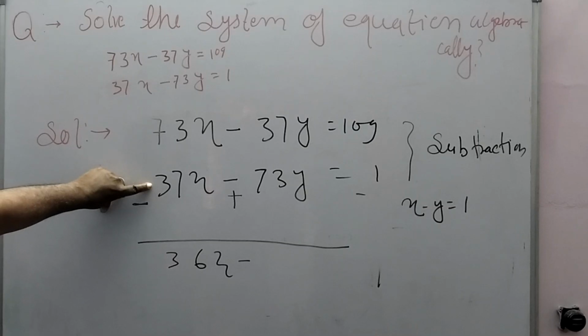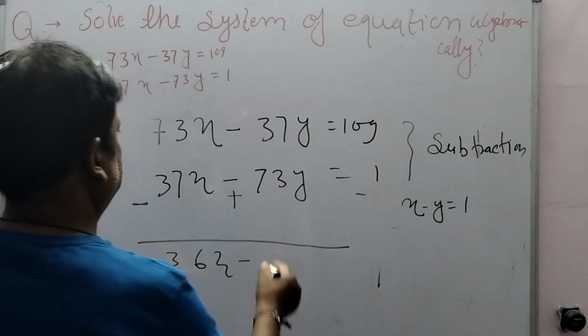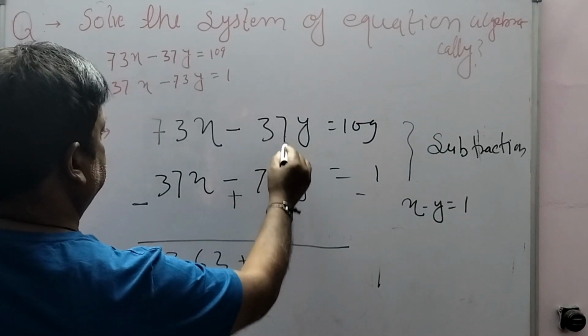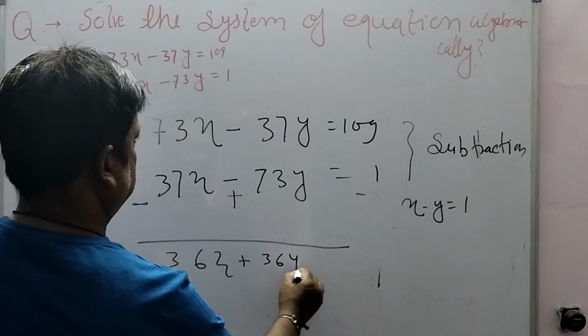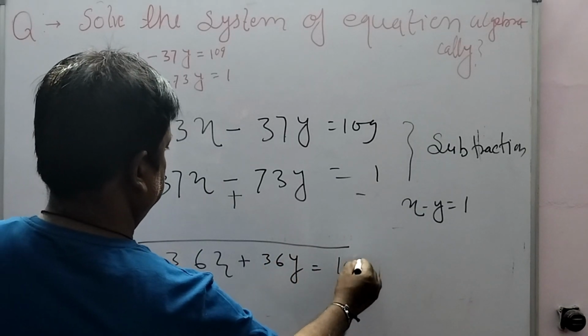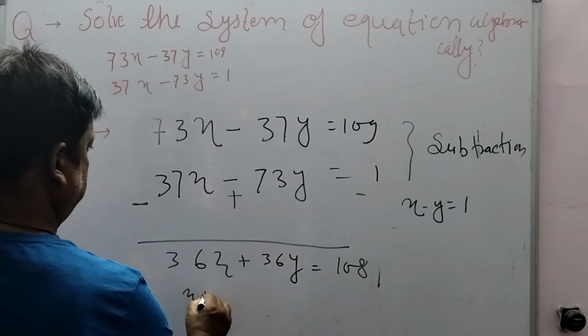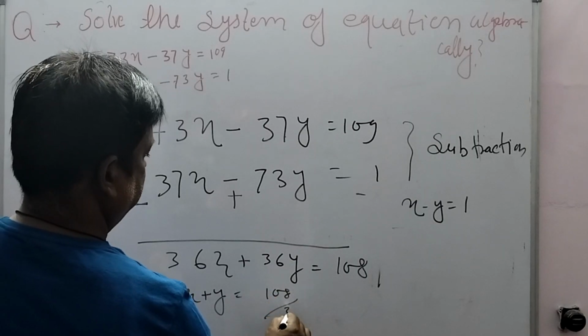Then only subtraction will take place. So this gives 36x plus 73y minus 37y, again 36y, equal to 108. That means 36x plus 36y equal to 108.